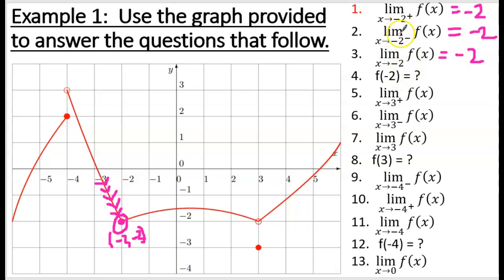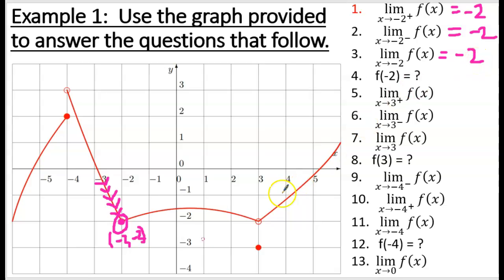These ones up here are what we call one-sided limits. We're approaching from the right or approaching from the left. But here, we're just talking about the limit, which is approaching from both sides at once. And as we learned last time, when the limit from the left and the right are the same, then the limit exists. And so the limit of this function as x approaches -2 is -2.